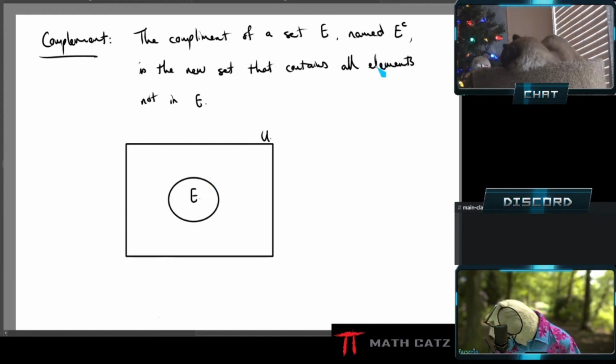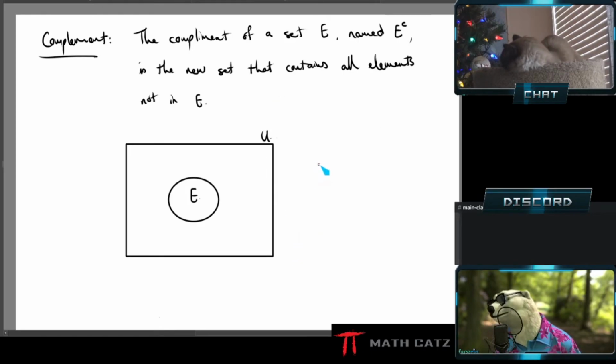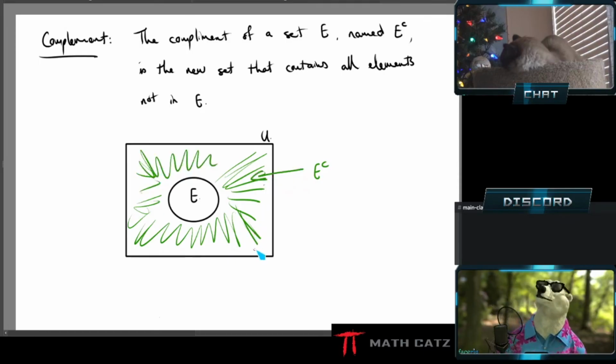The complement, let's make it a color so I can see it. Complement is everything else. Everything else. Visualizing it shouldn't be too bad. It's everything that's not in E.